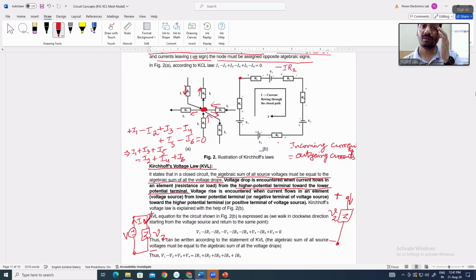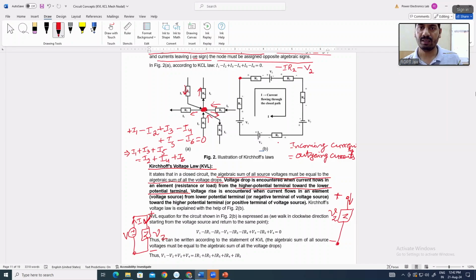That will be the voltage drop across this resistor. Current I is the current flowing through this loop. Then again we get plus, then minus, so moving from plus to minus it will again be minus. So minus V2, because it is a voltage source.